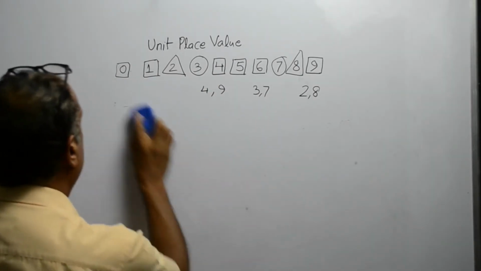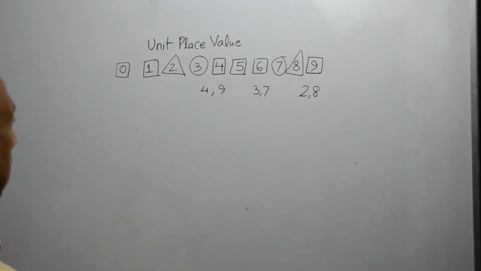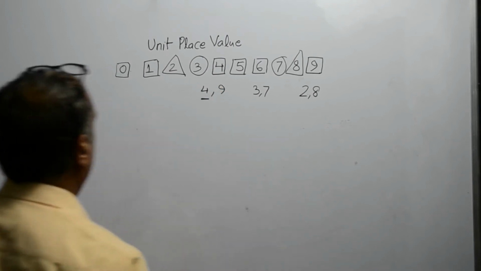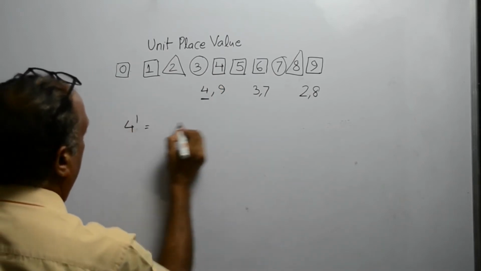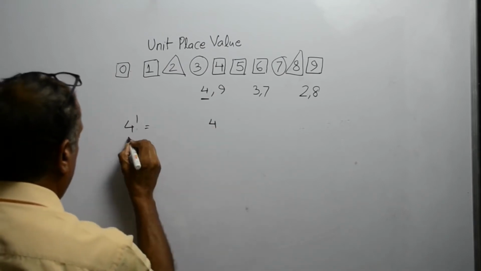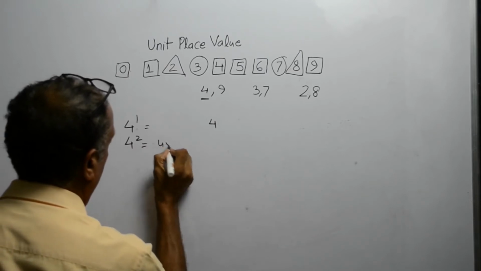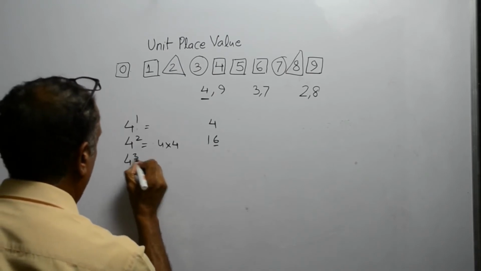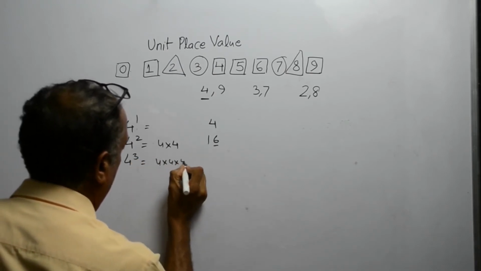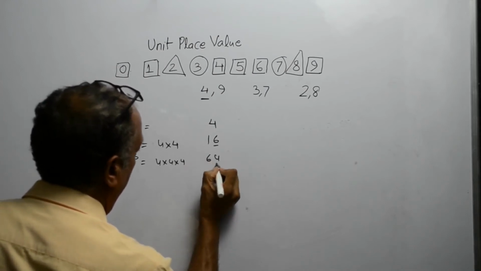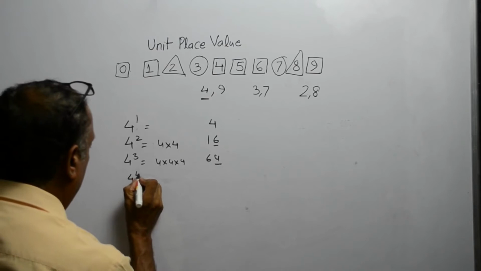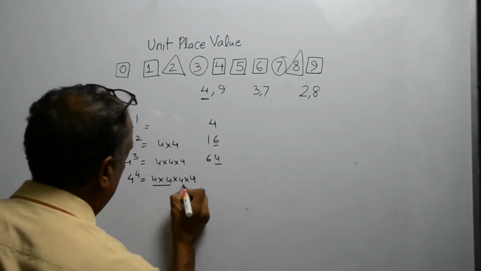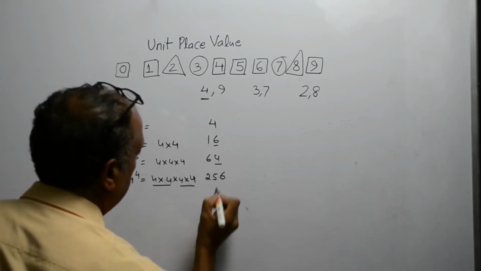Now 0, 1, 5, 6 is over. Coming to the second category, that is 4 and 9. We are taking up 4 first in this category. 4 raised to power 1 gives us 4 as the last digit. 4 raised to power 2 gives 6 as the last digit. 4 raised to power 3 gives 4 as the last digit. 4 raised to power 4 gives us 16 multiplied by 16, 256.